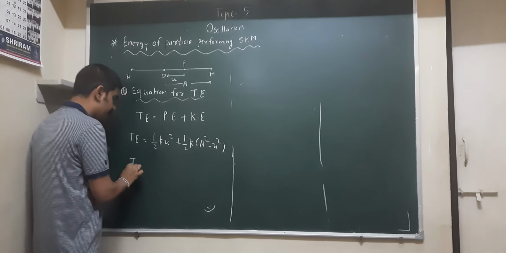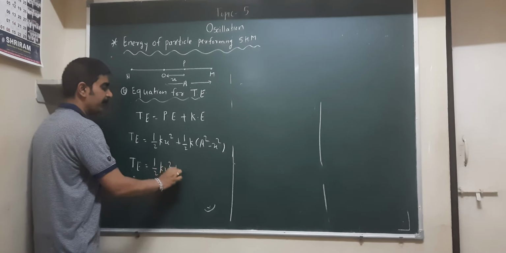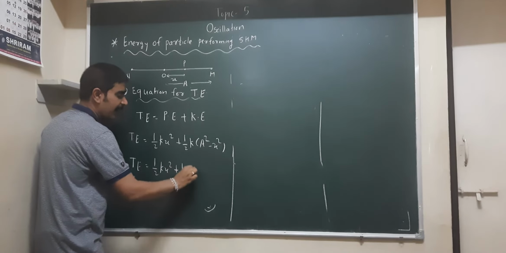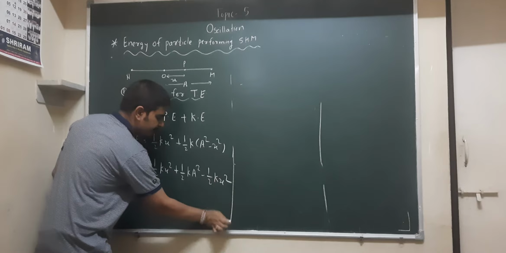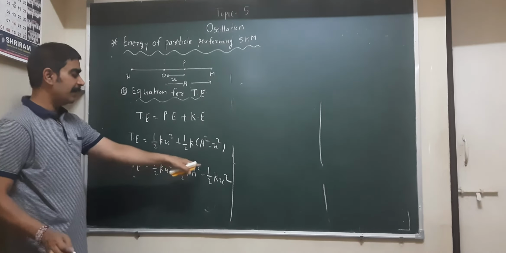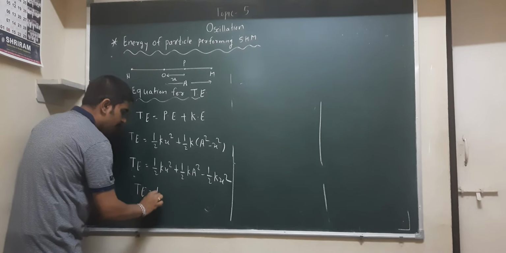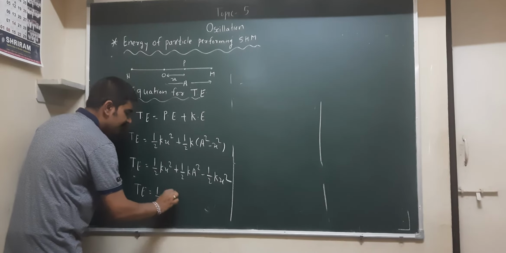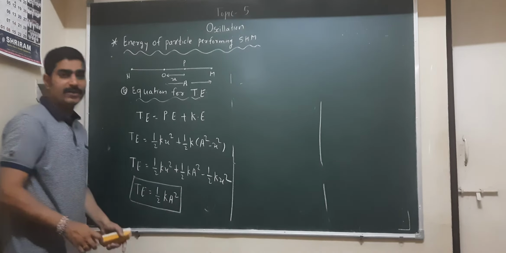Now multiply here. So total energy is equal to half kx square plus half k a square minus half k x square. So plus and minus half k x square we can cancel that. So total energy is equal to half k a square. So this is the formula for the total energy.